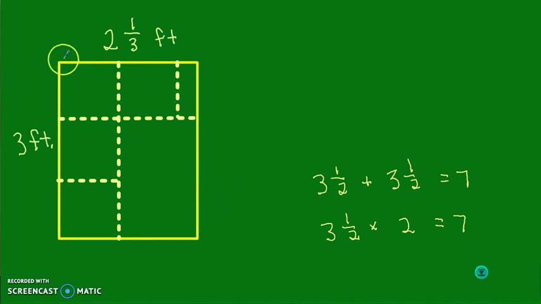And for this one, we have 2 1/3 feet long and 3 feet wide. So again, you can finish in the rest of the squares.